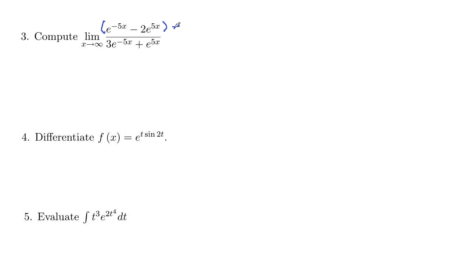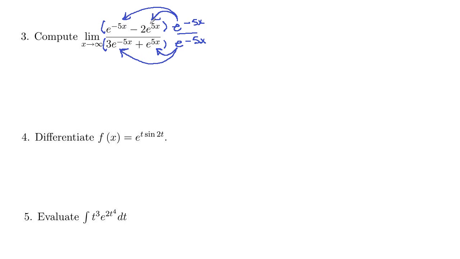So multiply the top by e to the negative 5x, since we want all negative exponents here, and the bottom also by e to the negative 5x. We've multiplied top and bottom by the same thing, so that doesn't change the algebraic value of this expression. It's algebraically equivalent. We want to distribute those negative exponentials in.